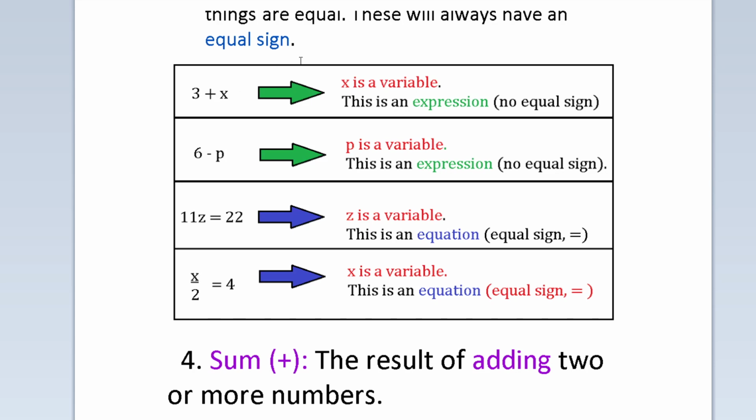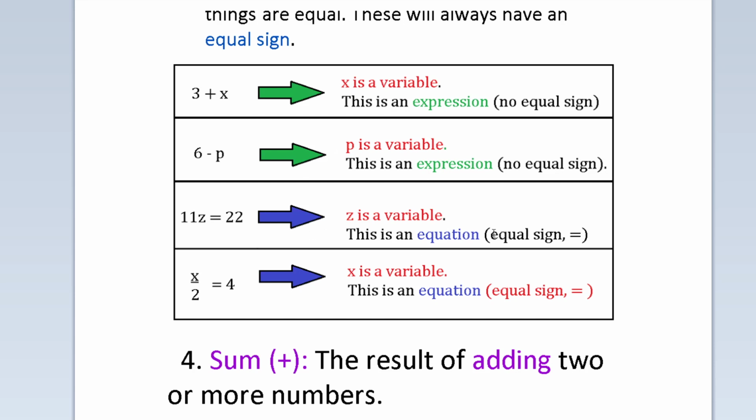Like the piggy bank and Judy's money in her pocket, right? How much the expression represented how much money she had altogether. But there was no equal sign. So since there was no equal sign, we call that an expression. In this case, x would be our variable. Or in the second row, we see there's no equal sign, so that's an expression. But in this case, p is the variable.